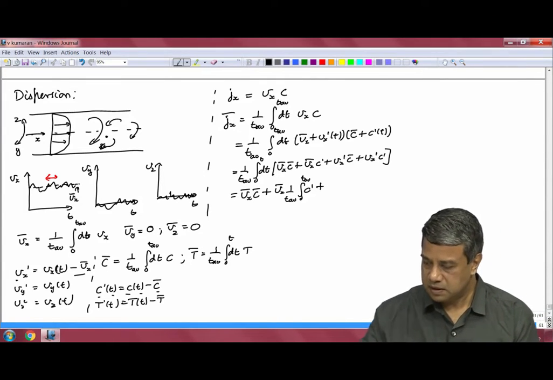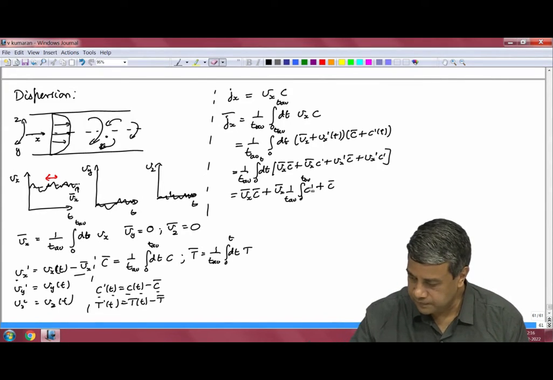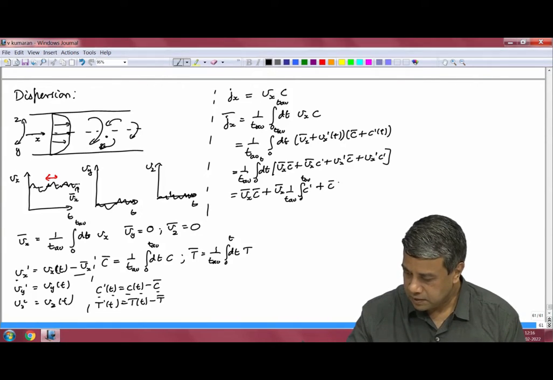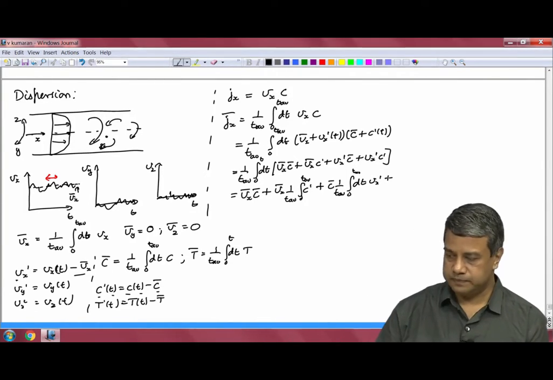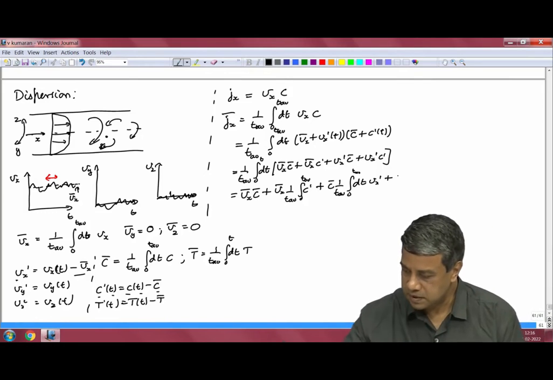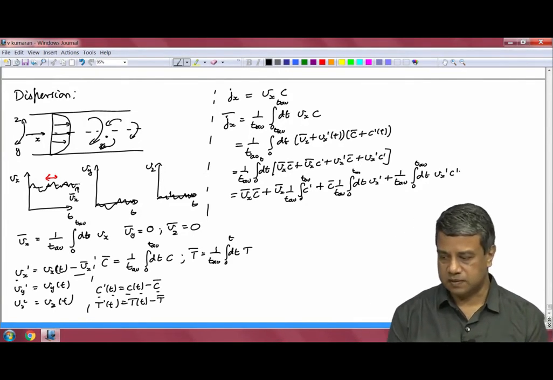The third term: C bar is independent of time, so I have C bar times 1 over T average integral 0 to T average dt of Vx prime. And the last term is the integral dt of Vx prime C prime. So, those are the 4 terms.